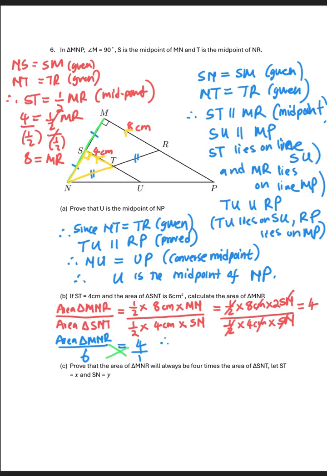When we do cross multiply, then we have 4 times area of triangle MNR is equal to 6 times 4, which is 24, right? And we divide both sides by 4. So then we find that the area of triangle MNR is equal to 24 divided by 4.